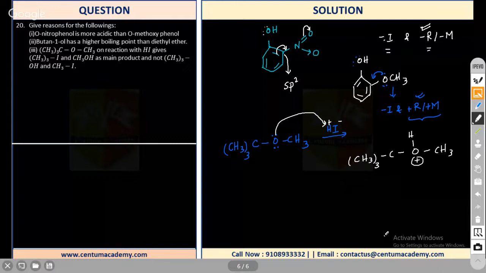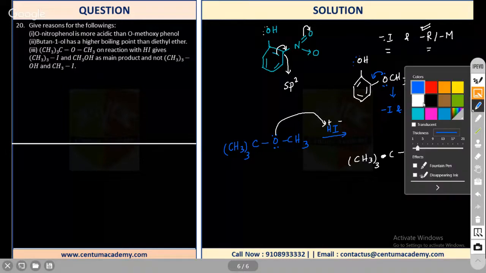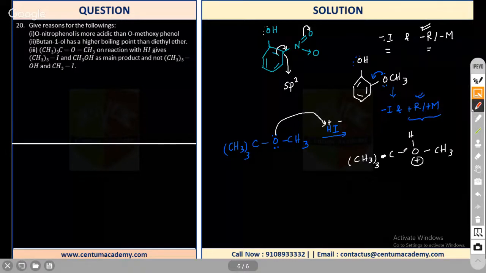Now the reaction of I minus with the carbocation. Since this is tertiary, this bond will not be there. See how this positive charge gets stabilized. There are two possibilities. Either this bond breaks and the bond pair comes over here, CH3OH forms and we get a tertiary carbocation with positive charge on it.